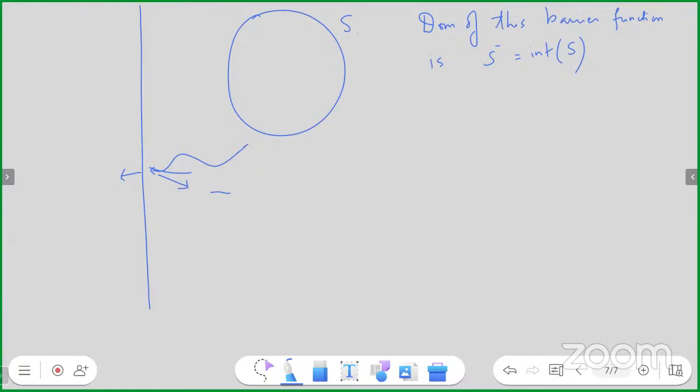That's really what you want. Can you give me an example? 1 by g of x. Will it work? Now, what is the special property of this? On the outside, it's not necessarily infinity. But as it gets closer to the boundary, it just keeps increasing. That's why it's very weird.